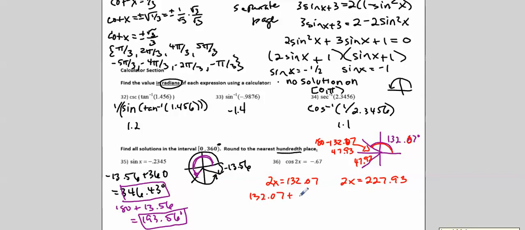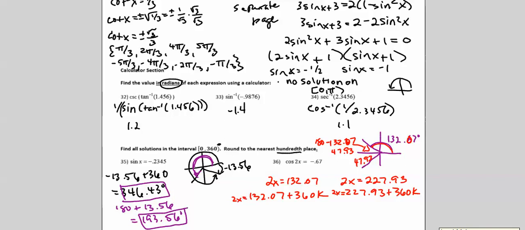Okay. Now to find out what the x equals, I need to start with the general solution. 132.07 plus 2 pi k, which is 360k. 227.93 plus 2 pi k, that's 360k. These are 2x.